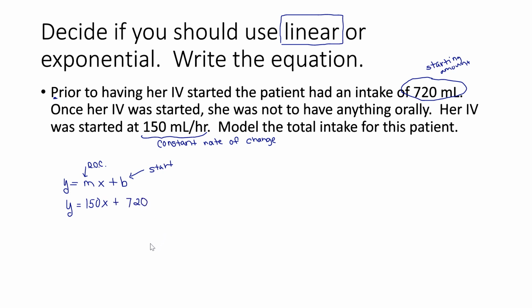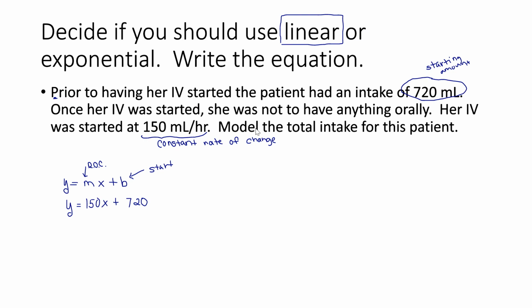If her IV ran for 2 hours, I would take 2 hours times 150, so that would be 300, and I would add it to the 720, and at that moment in time, she would have received 1,020 milliliters as her total intake. So my equation does seem to make sense when I pick a point and test it.